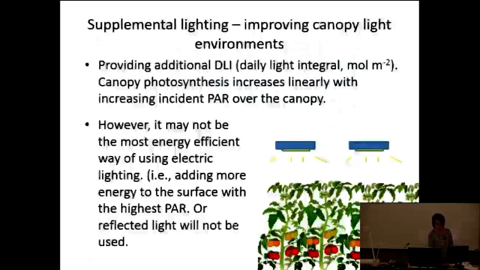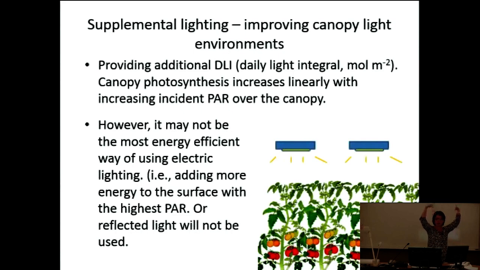Okay, if you look at supplemental lighting, it's quite interesting when you are familiar with light penetration in a canopy. The typical setup of supplemental lighting is on top of the canopy, right? So top-down, top lighting.